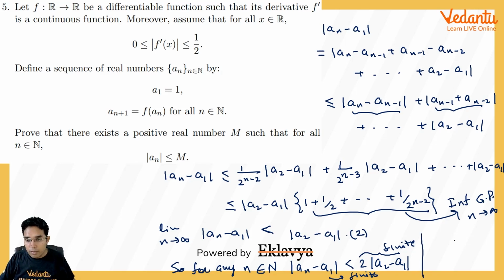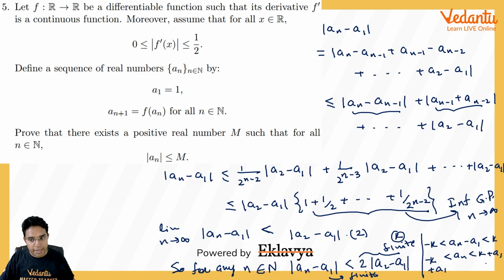You may write like this also. Let us take this finite value as k here. We will be writing an minus a1 to be less than k and greater than minus k. So this an will be less than k plus a1, and greater than minus k plus a1.